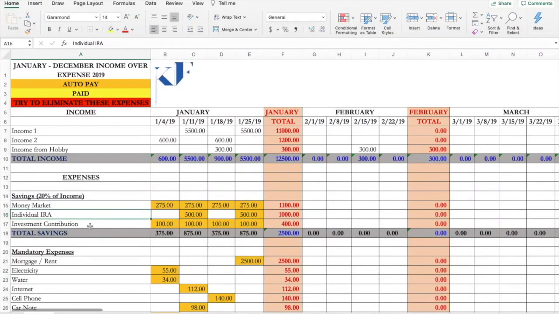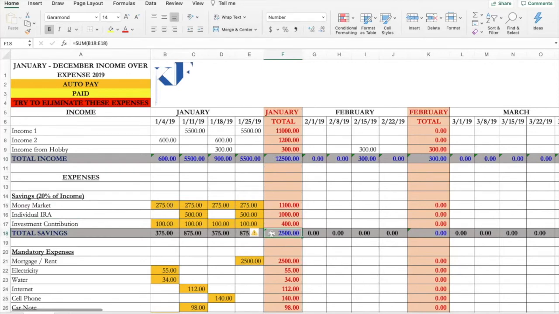Now let's go to our investment contribution. I have $100 going in each week to that account. So I'm basically contributing 20% of my income, which is $12,500, and 20% of that is basically $2,500.